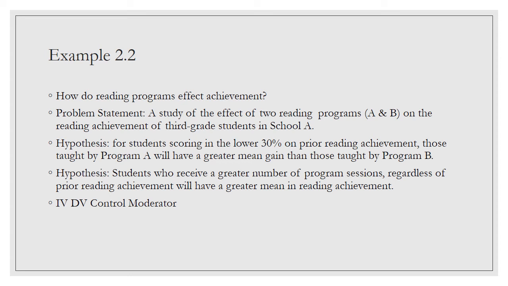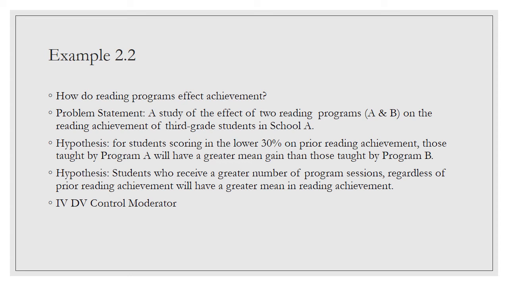In your book, we have the set of reading materials purchased from publisher Y and its suggested activities. And that would be program A, and program B would be the set of materials purchased from a different publisher, publisher Z, and its suggested activities. So now we have two different programs and materials to compare.